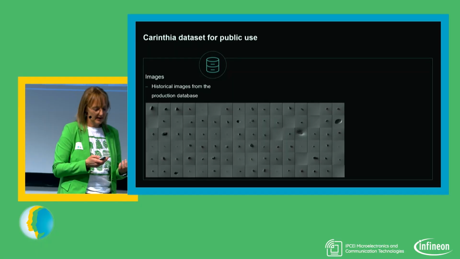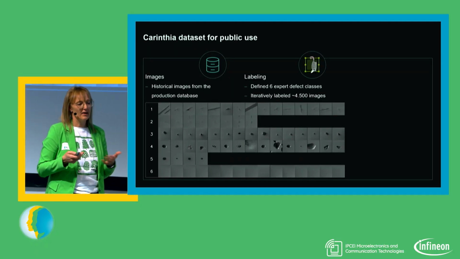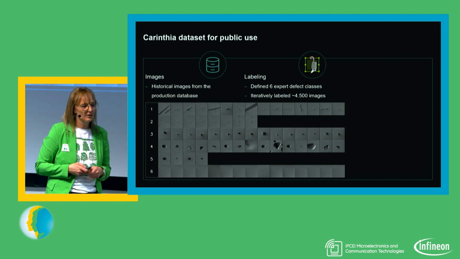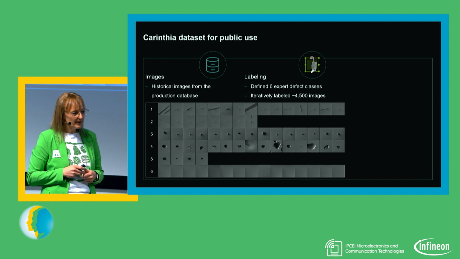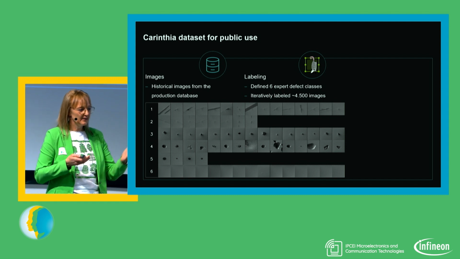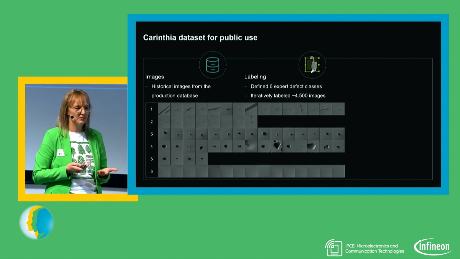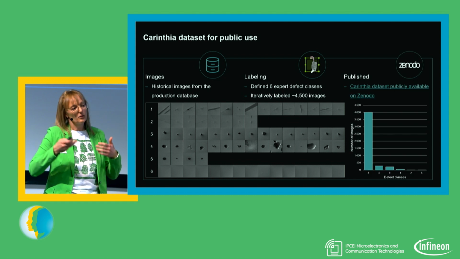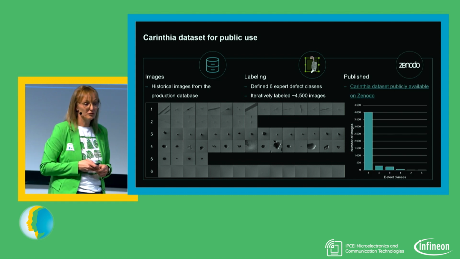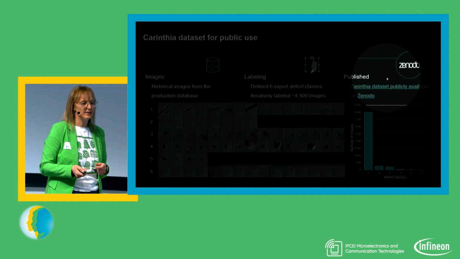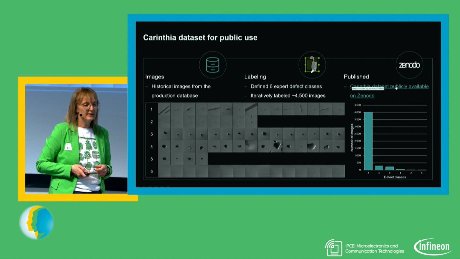We basically just download real production data from the history, and then we have to label them. This image labeling is done at Infineon, in our groups, with Label Studio. It is a very cool tool for labeling. We have defined 6 different defect classes and labeled all the images. Then we have uploaded it on Zenodo, so you can access the data set via the provided link here.